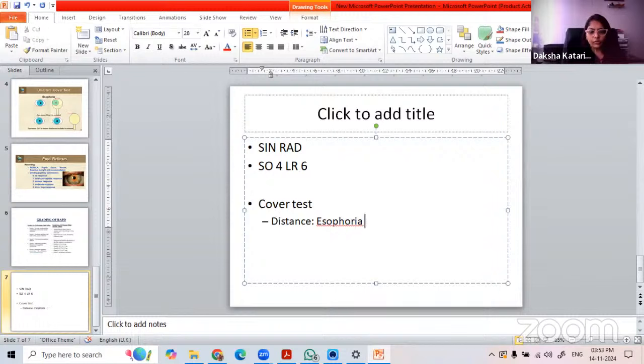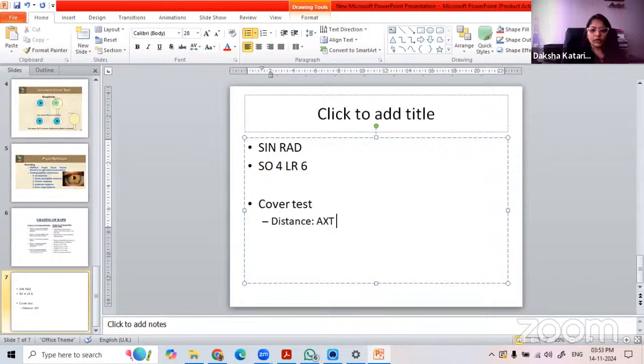Now, suppose you have an exotropia, or you have an alternating squint, then you can write it as AXT. XT is your exotropia. Okay, and then again, same thing, you're going to mention however many prisms you find.